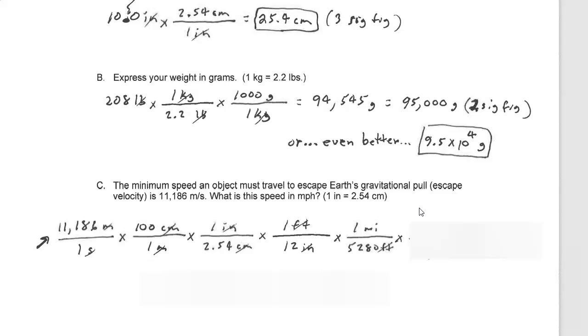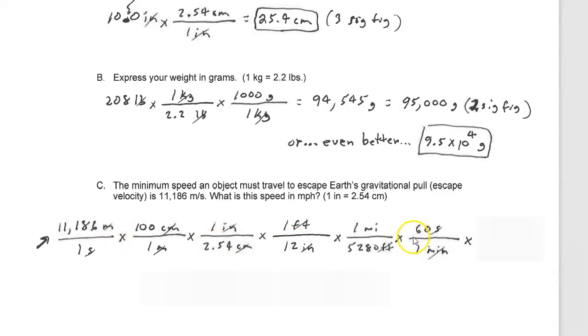There are 60 seconds in 1 minute. 2 equivalent quantities. What goes on top, what goes on bottom? The minutes go on the bottom. Because why? Because that puts the seconds on top. Why do I want the seconds on top? Well, because the seconds over here are on the bottom. See, I'm going to be able to cancel out the seconds.